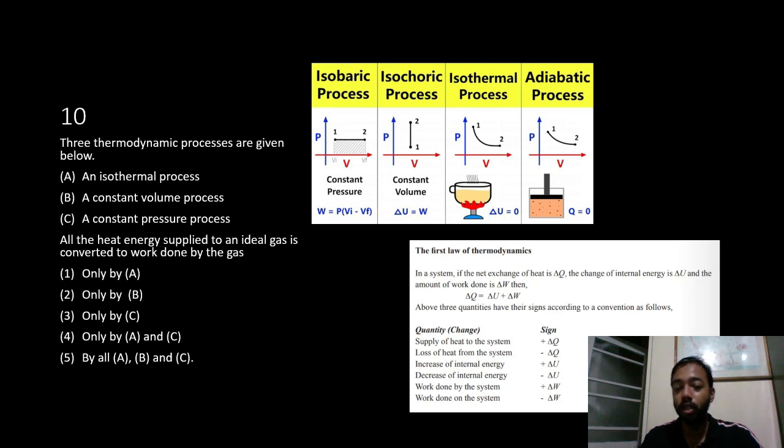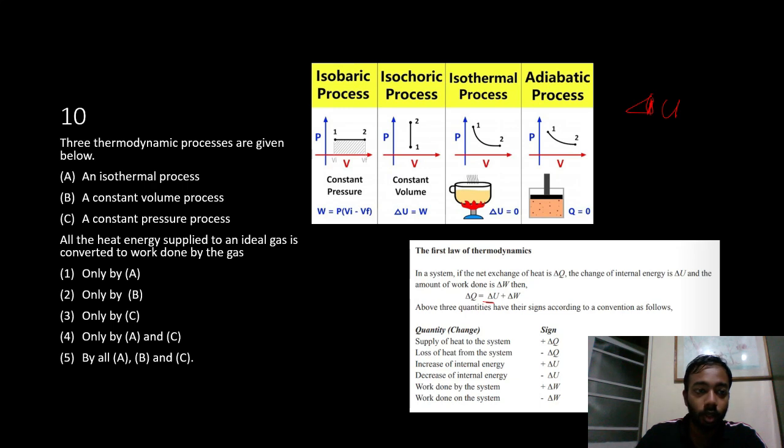According to the first law of thermodynamics, in a system, if the net exchange of heat is delta Q, the change of internal energy is delta U, and the amount of work done is delta W, then delta Q is equal to delta U plus delta W. Here delta U is the change of internal energy, which is dependent on the temperature.